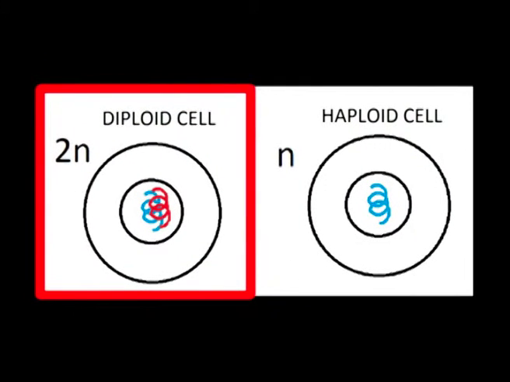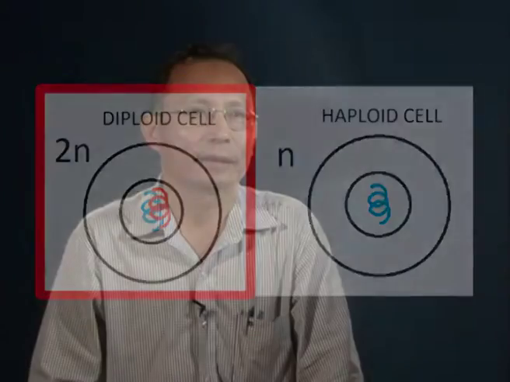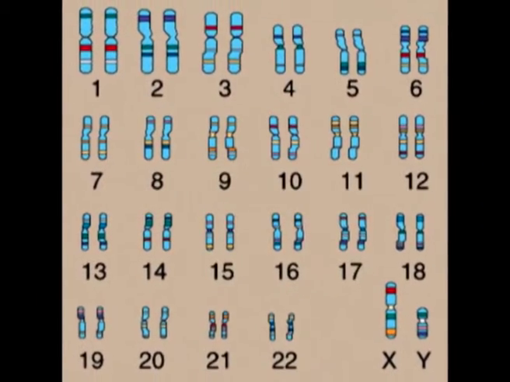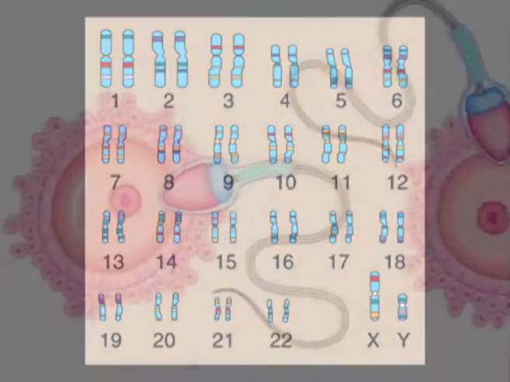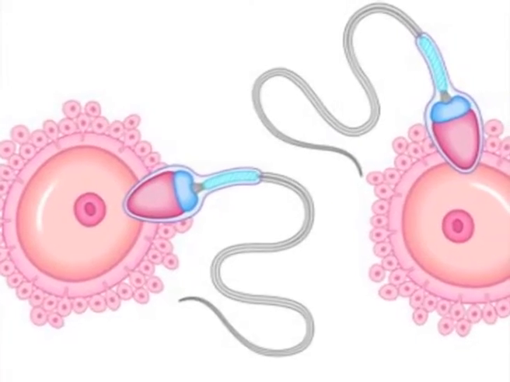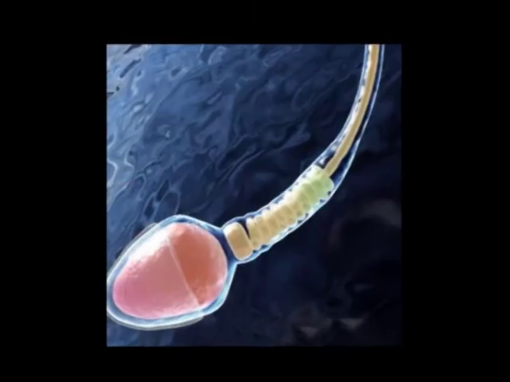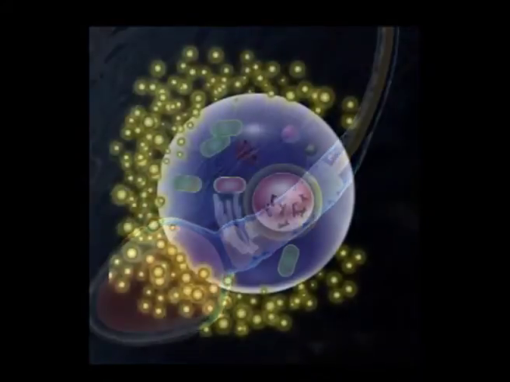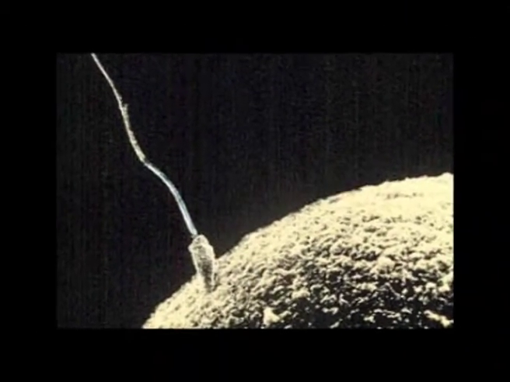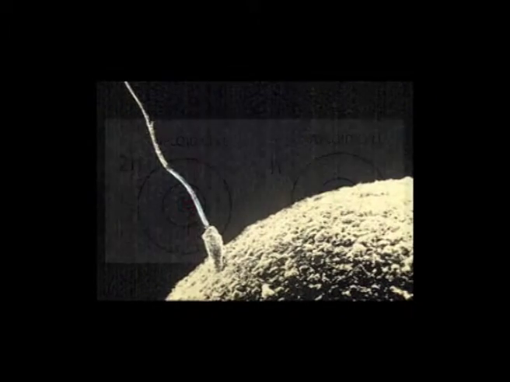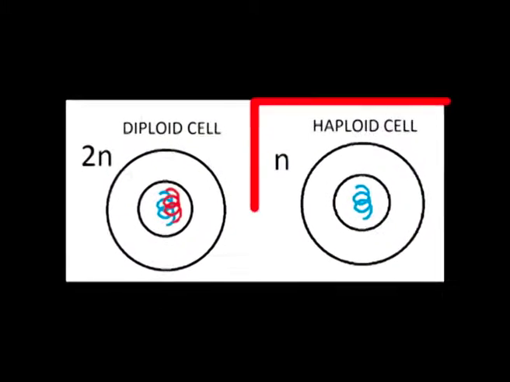That means one n given by mother, another n given by father, constituting twice n in diploid condition. Therefore, this twice n chromosome of human is 46 in number. Coming to the sex cells, that is the gametes, that means eggs and the sperm, have only one set, that is 23 chromosomes, and it is known as a haploid condition.